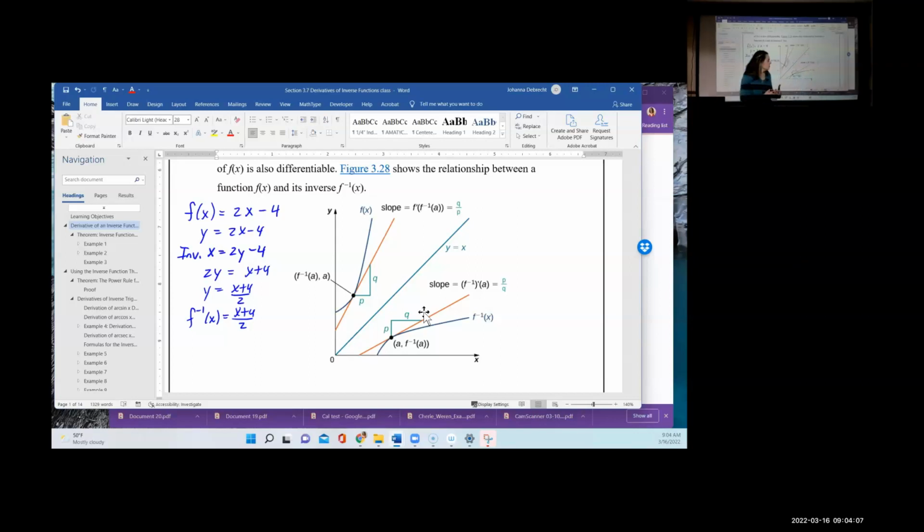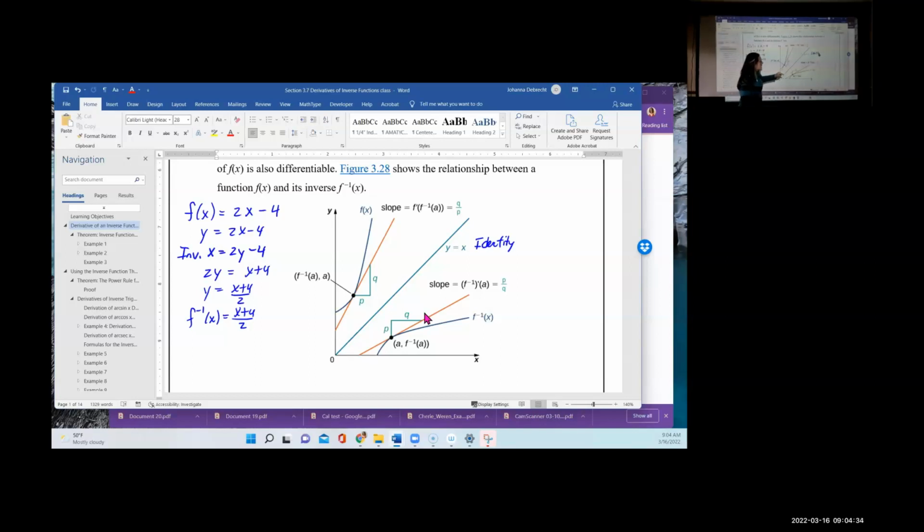Now, inverse functions make mirror images of themselves across the identity function. So when you're looking at this graph, the identity function, again, is the graph y equal x. And that's because when you swap the x and y, you get the same graph again, y equal x, x equal y. It's the same equation. It doesn't change form like this one did.